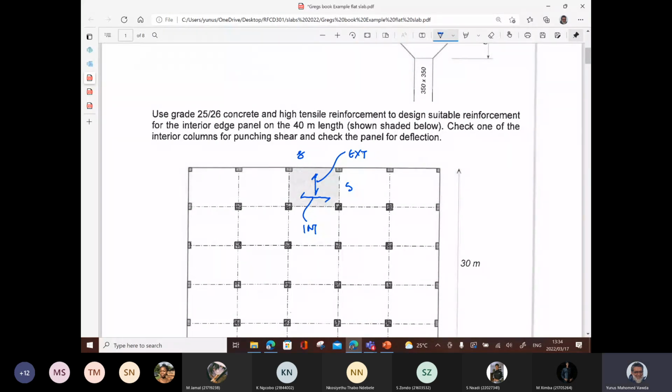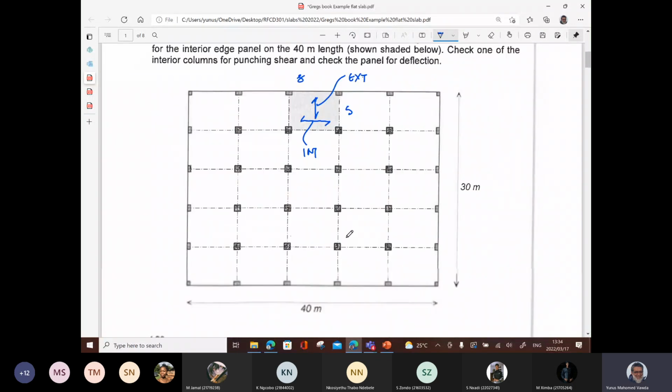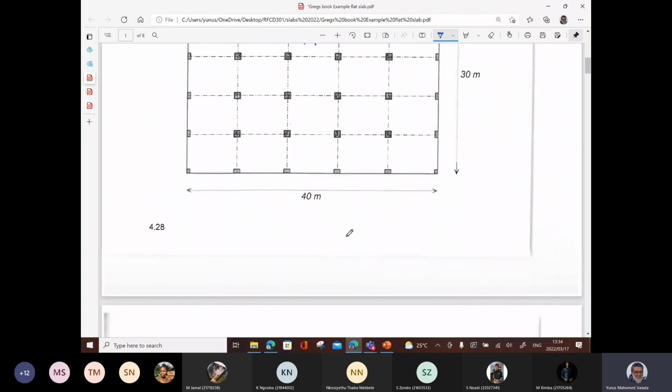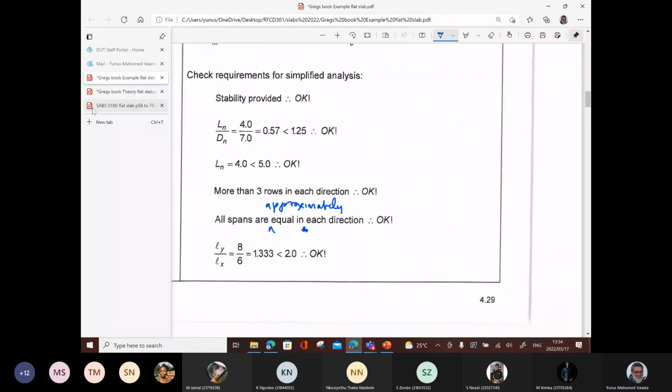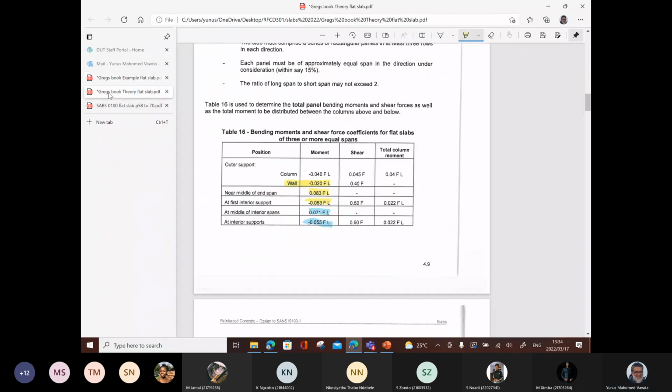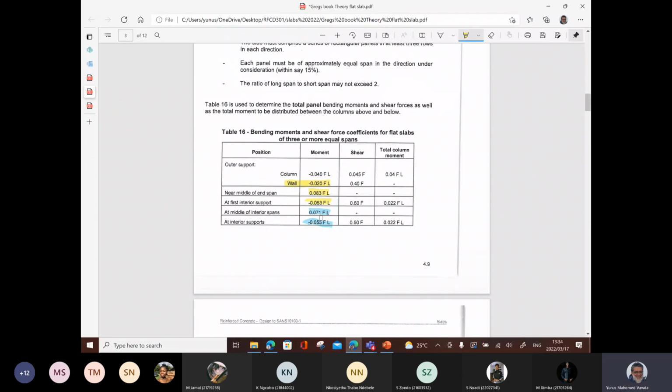All right, so that is why when it comes to the 8-meter span, we're using the internal one, the one that I hatched as blue. These two here, can you see that? I shaded them in blue because those are the exterior ones. And then for the interior ones, I use those.